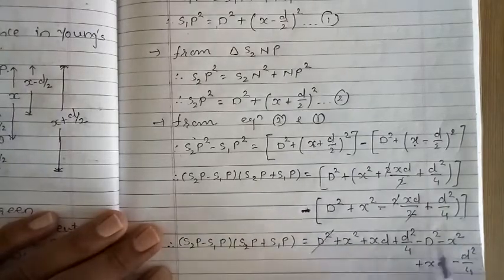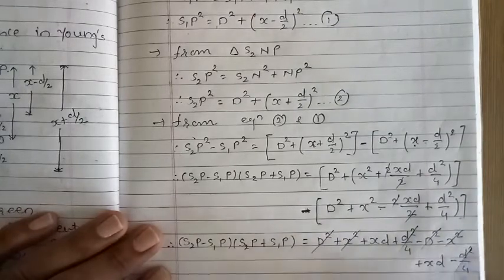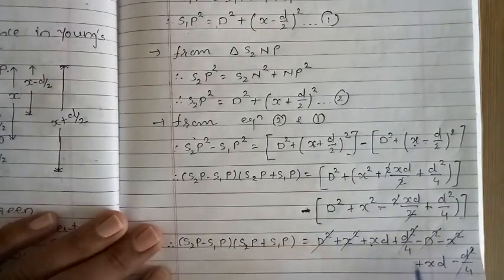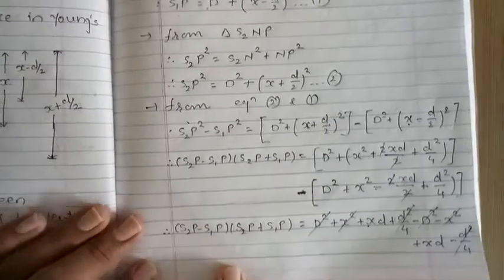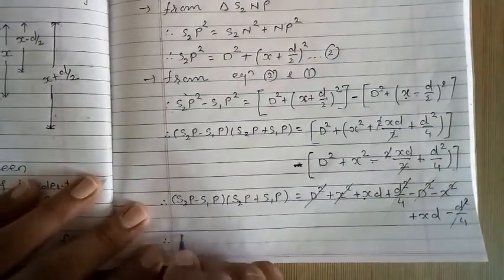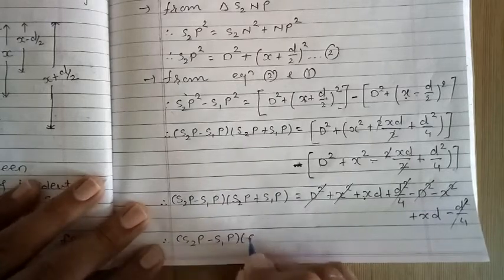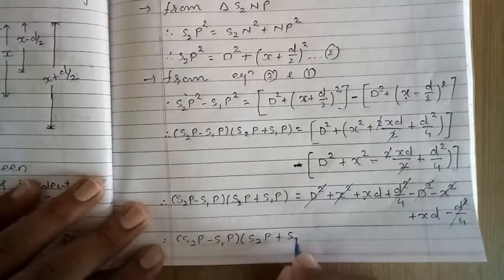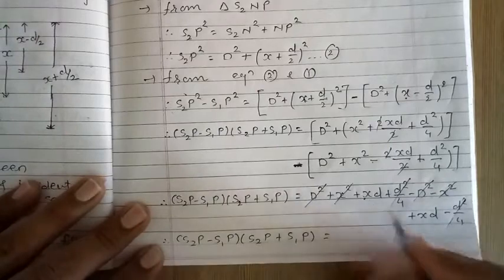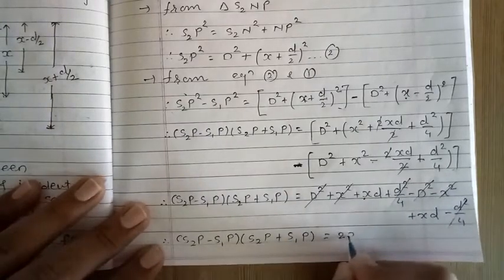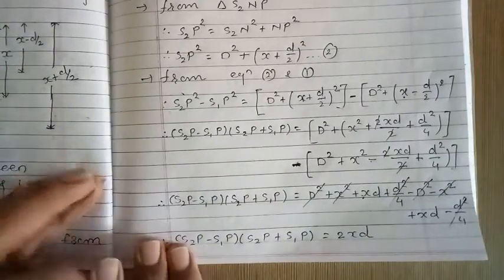So D square cancels, x square cancels, d square by 4 cancels, and we get xd plus xd. So S2P minus S1P times S2P plus S1P is equal to xd plus xd, that means 2xd.